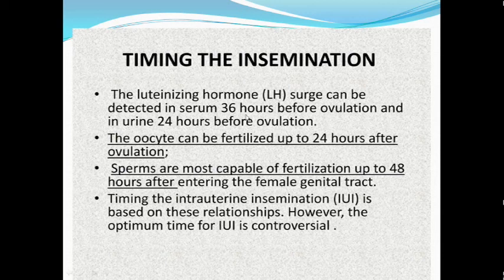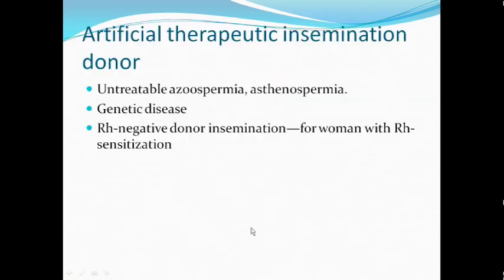By detecting the LH surge and with the knowledge that the oocyte remains, it is not 24, only for 12 hours, and sperm can live in the female body for 2 to 3 days, timing can be decided. So timing can be controversial.